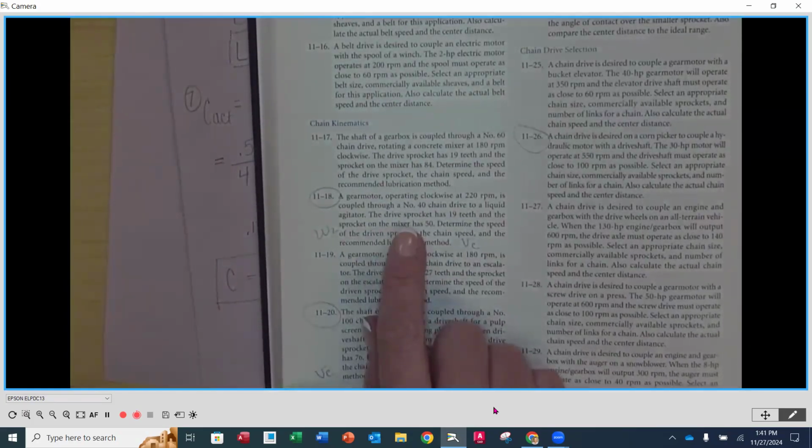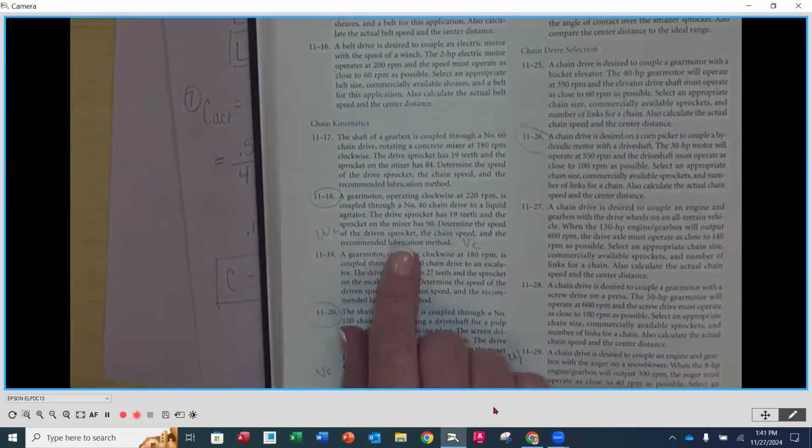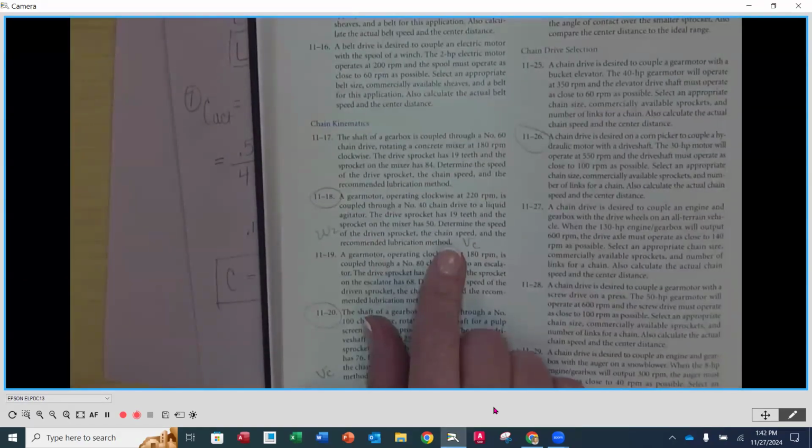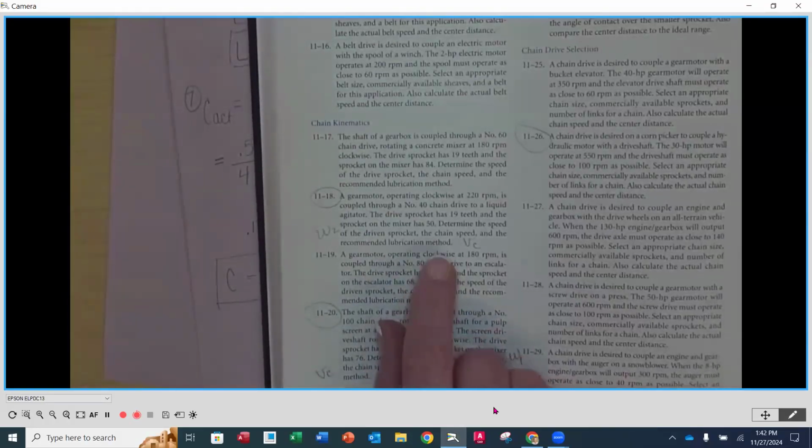The drive sprocket has 19 teeth, and the mixer sprocket has 50 teeth. Determine the speed of the driven sprocket, the chain speed, VC, and the recommended lubrication method. So once you know what your VC is, you then are going to be classifying it as low, moderate, or high speed, and then identify the lubrication that would correspond with that. So that's your first problem.